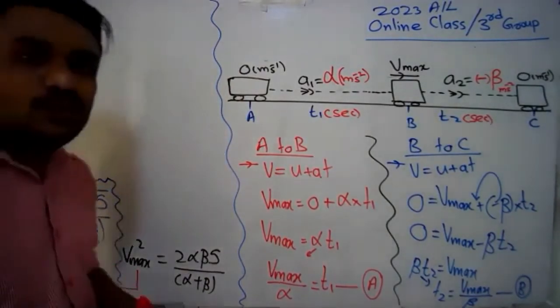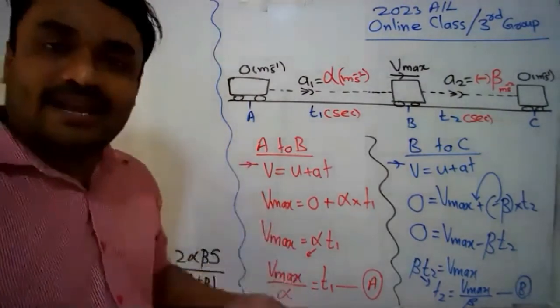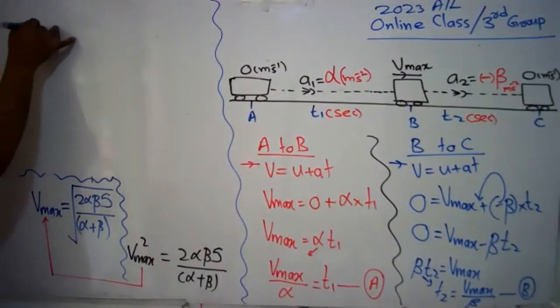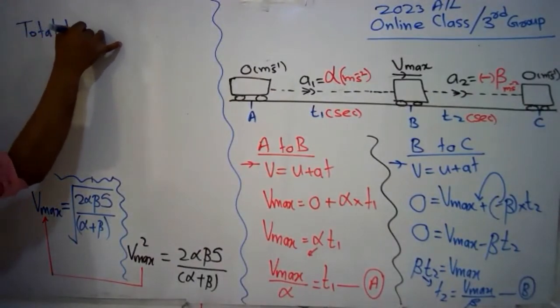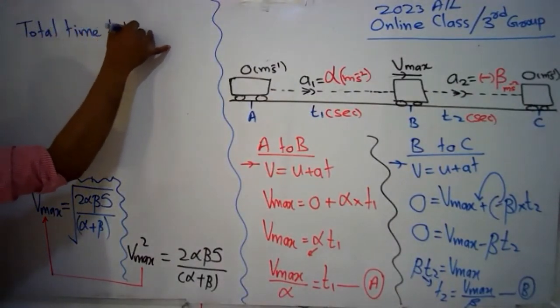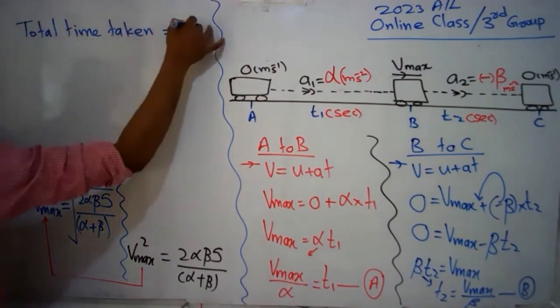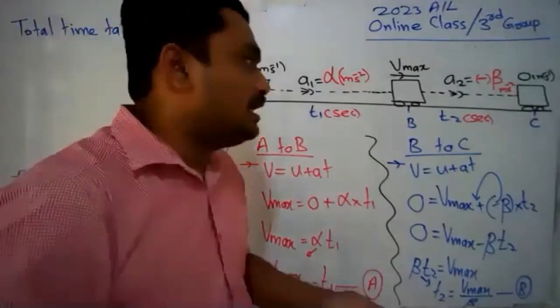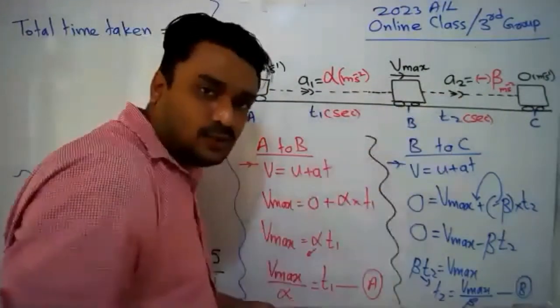Okay, let's go to the final section, the total time taken for the motion. So let me write here total time taken. Let's say it is capital T. So we know that the total time taken means T1 plus T2.